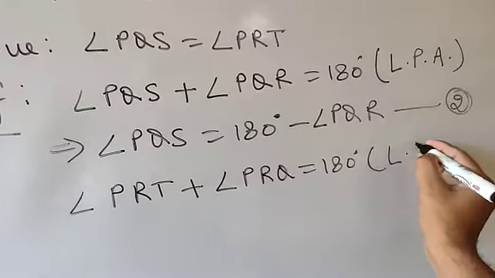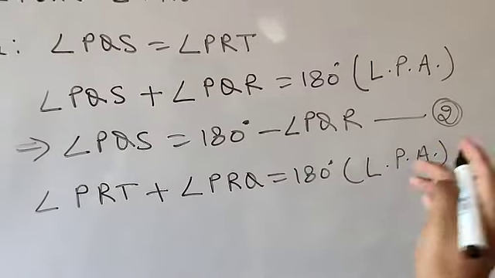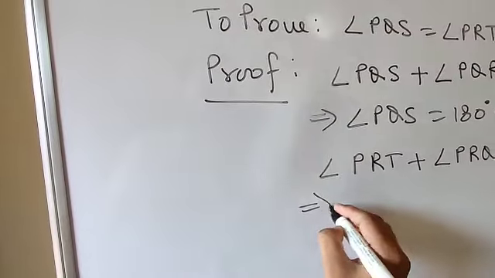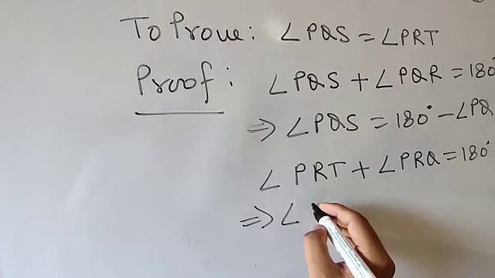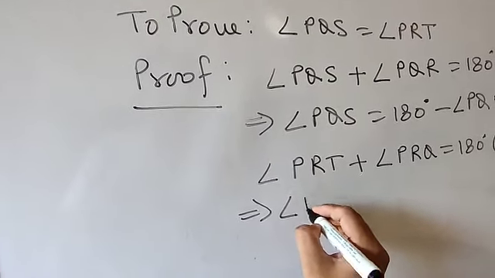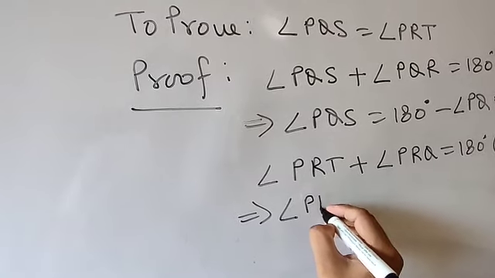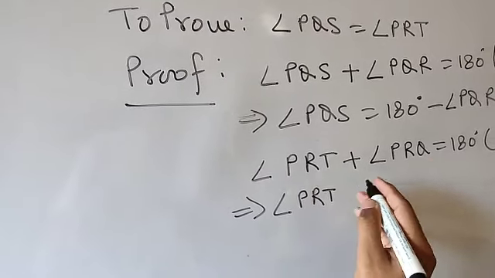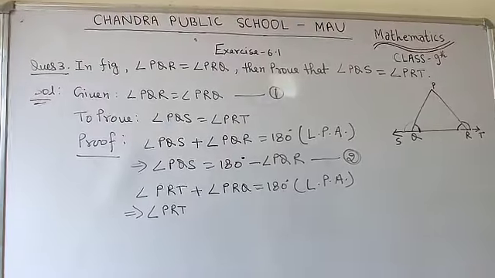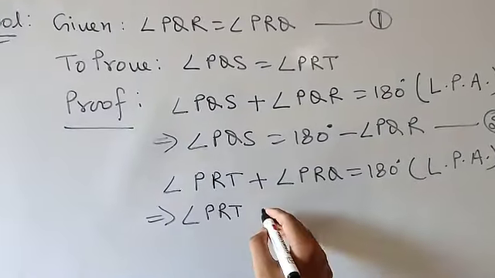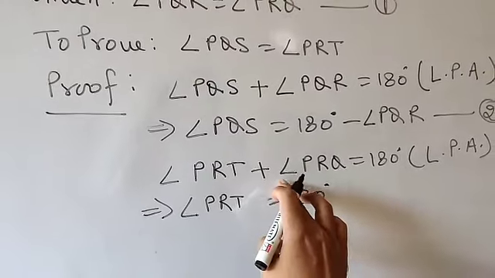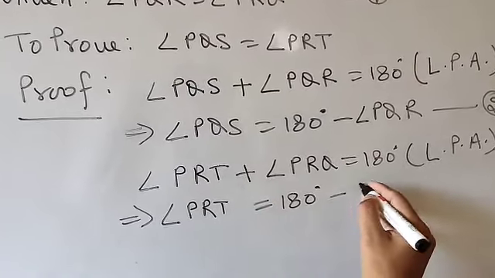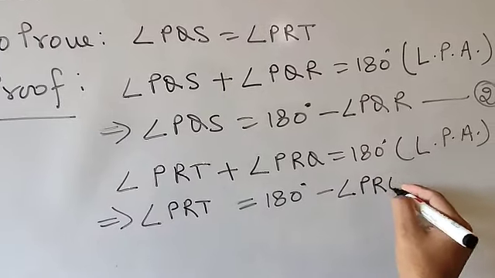That is also a linear pair of angles. So it shows that angle PRT equals 180 degrees, and if you transfer angle PRQ to the right side, it will be minus angle PRQ.